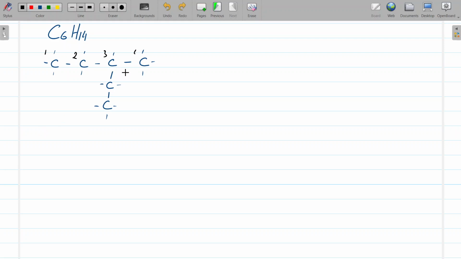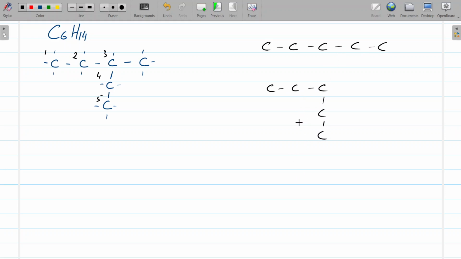Okay, fine. What if I count it this way? 1, 2, 3, 4, 5. Oh, I'm getting more carbons. So I'm saying longest continuous chain. Remember one thing: if I draw pentane like this, or if I draw it like this, is there any difference between these two?